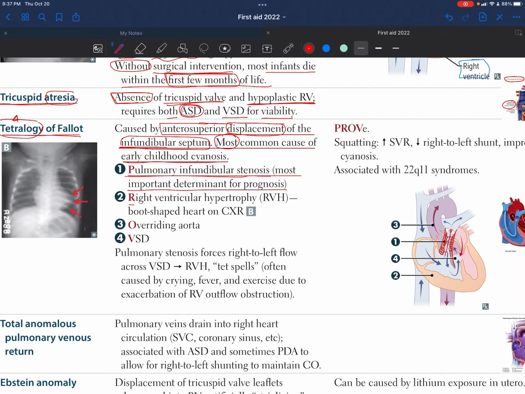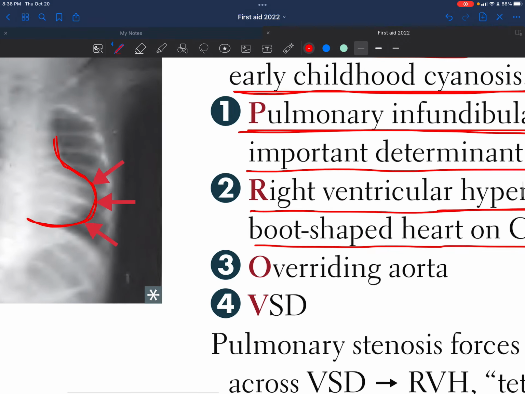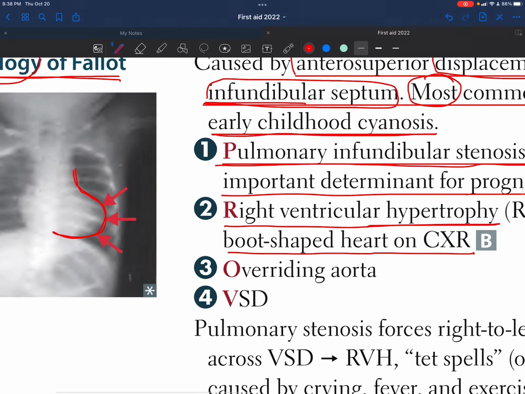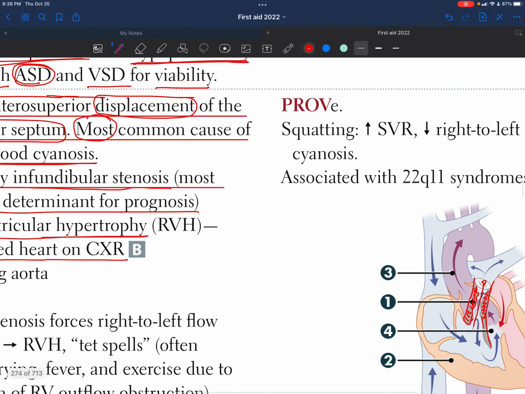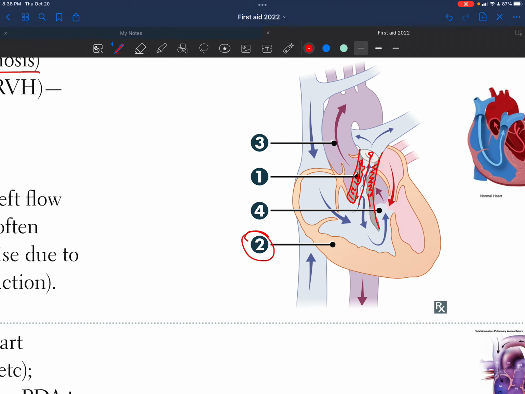The second problem is the right ventricular hypertrophy. It looks boot-shaped on chest X-ray, and we can clearly see it here. This is kind of a boot on the chest X-ray. That is the right ventricular hypertrophy. This is number 2, and this is the wall of the heart.